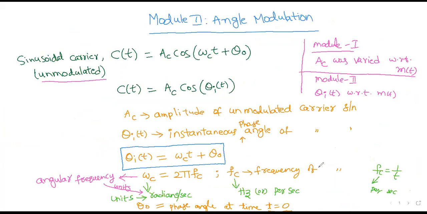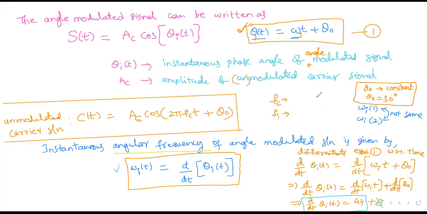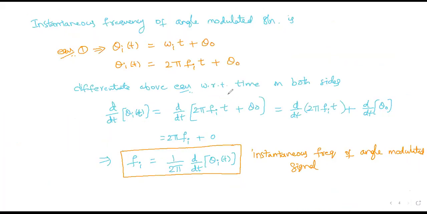You can see here I've written clearly that Fc is the frequency of the unmodulated carrier signal, but the moment I say Fi, it is nothing but the instantaneous frequency of the angle modulated signal.